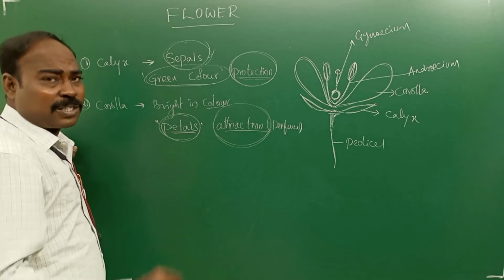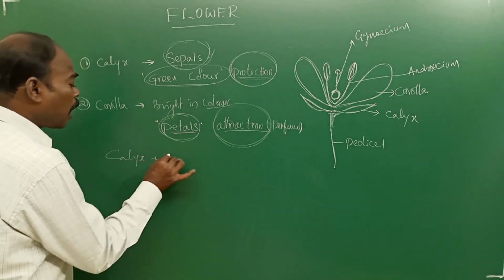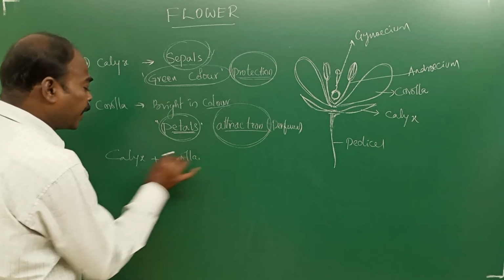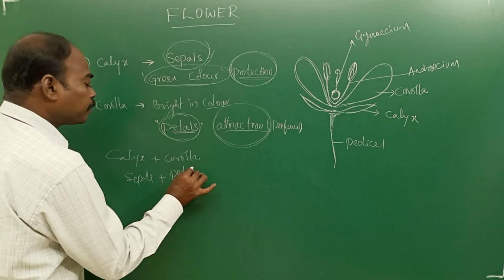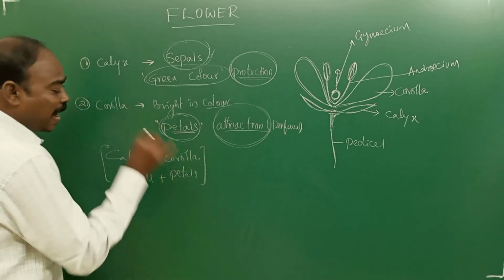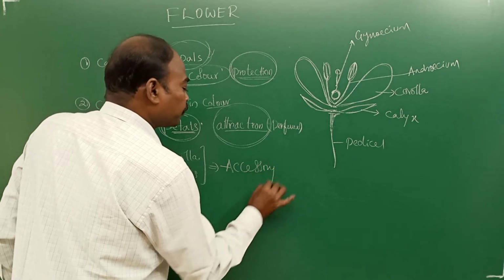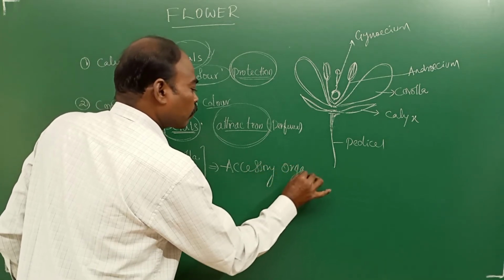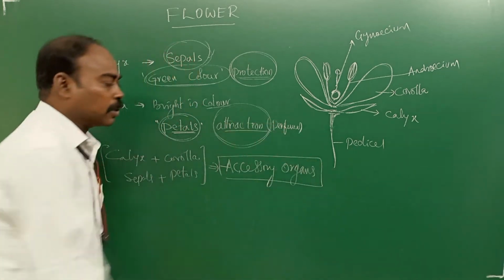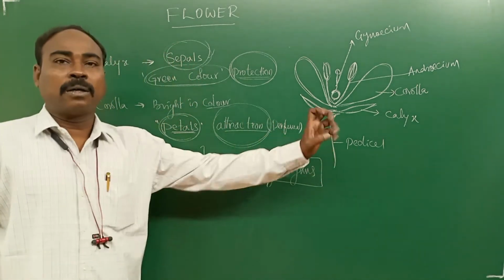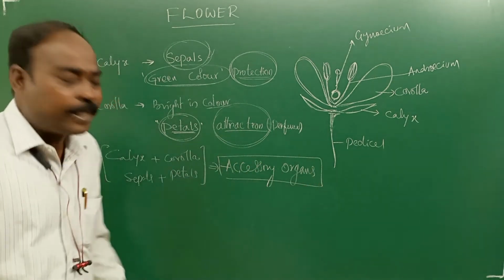Direct involvement was not seen. So the calyx and corolla are called accessory organs. Accessory means supporting organs, not necessary, right?